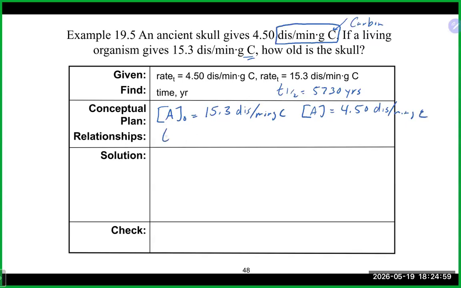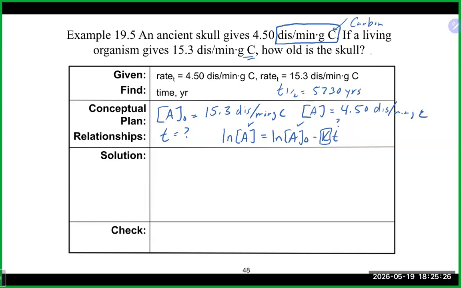And we want to know t, basically how old it is. From our first order kinetics equation, natural log of A equals the natural log of A naught minus kt. Once again, we have our initial and our final, and we are looking for t.